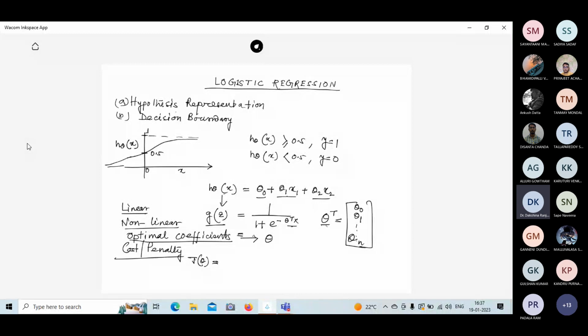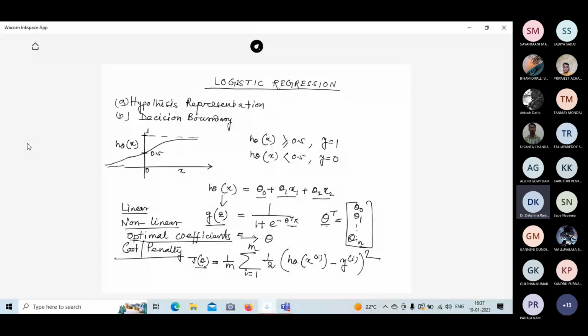So j theta is defined as the cost function or penalty function, and we can write j theta equals 1 upon m summation over half of h theta xi minus yi square.